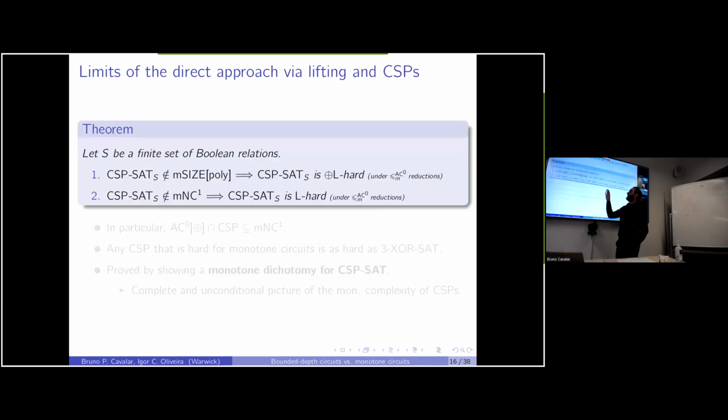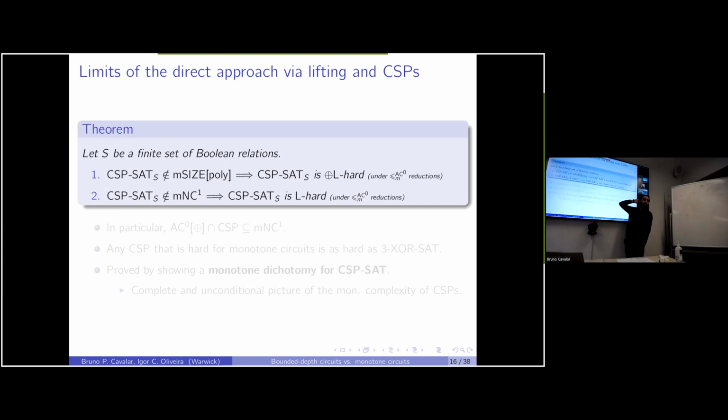So what are the limits that we can show for this, I would say, the direct approach via lifting and CSPs? Direct because you just take whatever CSP function you get from lifting, and you try to get some separation. So the first thing we show is that if you have a CSP problem that is not computed by polynomial size monotone circuits, right, you have a monotone circuit lower bound for it, then you also have a sort of non-monotone lower bound, as much as you can hope for.